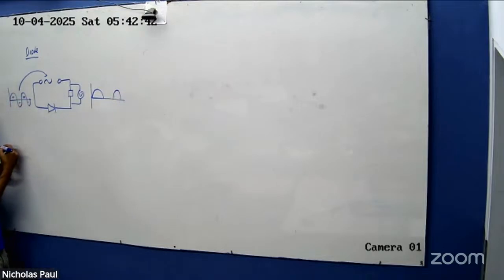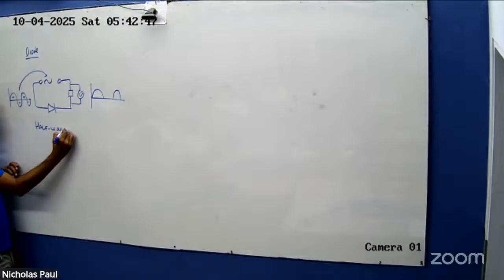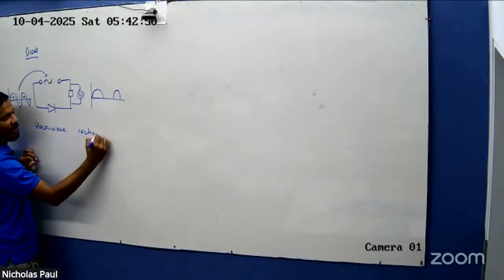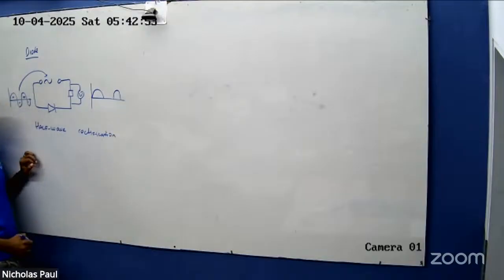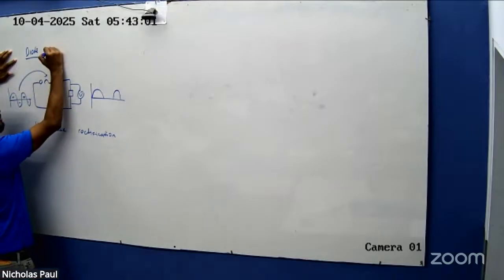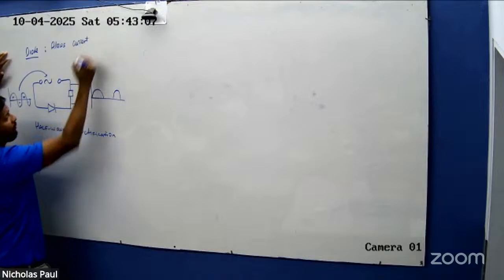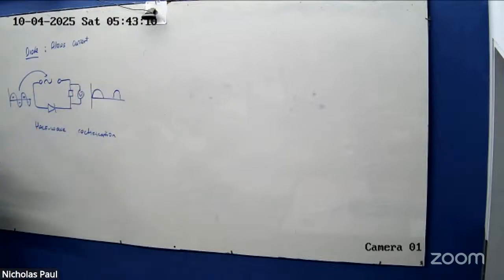That's called what? Half wave rectification. So one diode will do this for you. When you do that, you have periods of time where no current is passing, so that's useless. So what we're gonna do now is do one that allows current to flow all the time. That's full wave.